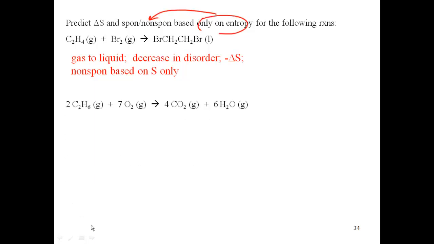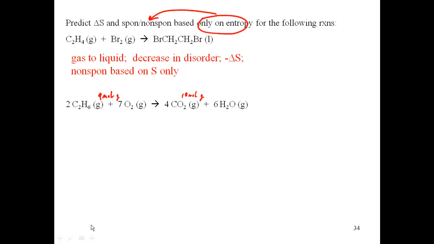All right, let's look at ethane plus oxygen gives me carbon dioxide and water. In this case, everything is gas, so there's no change there. But there is a change in the number of moles of gas. We have 9 moles of gas going to 10 moles of gas. So we're increasing the number of moles of gas, which means we're increasing disorder in the system.